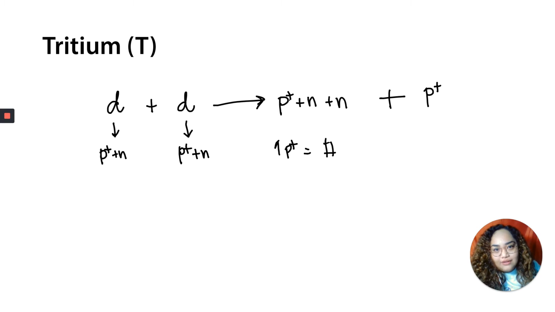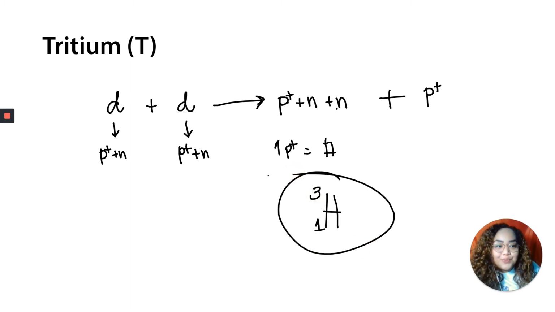You have 1 AMU plus 1 AMU plus 1 AMU. How much do you get? If you write that as an isotope symbol, you will have 1 here, then the atomic mass of 3. So this is another isotope of hydrogen. I hope you still get it.